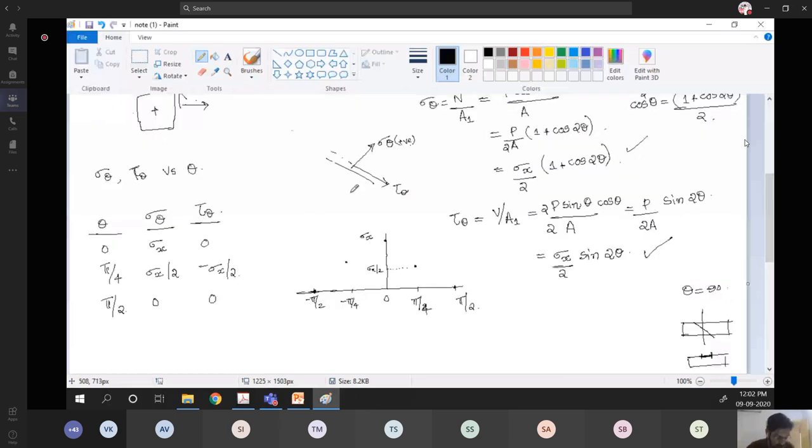So when we are plotting this, we will get a curve like this. This is for sigma theta, and for the other one, at 0 it is 0, and then at pi by 4 it is minus sigma x by 2, then again it is coming like this.